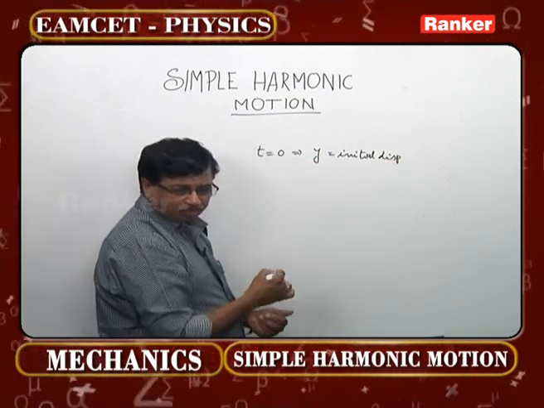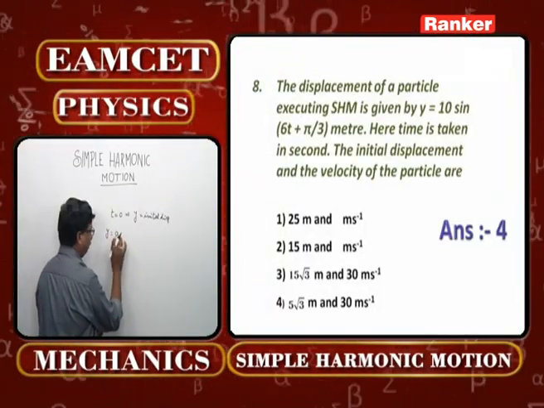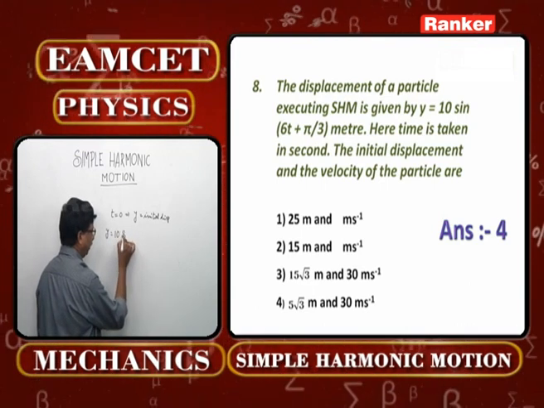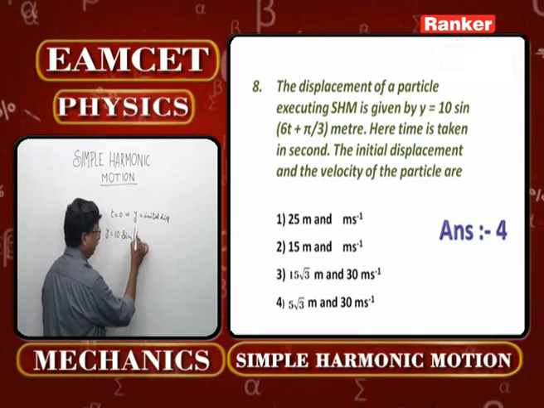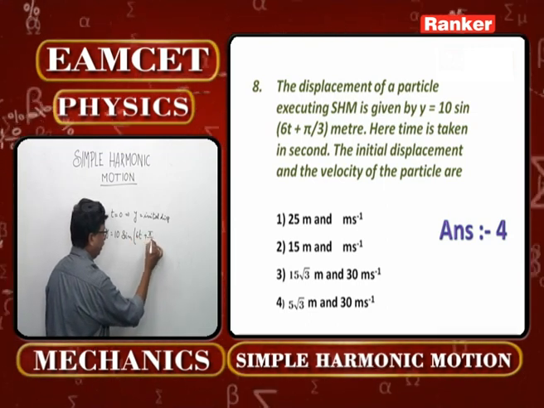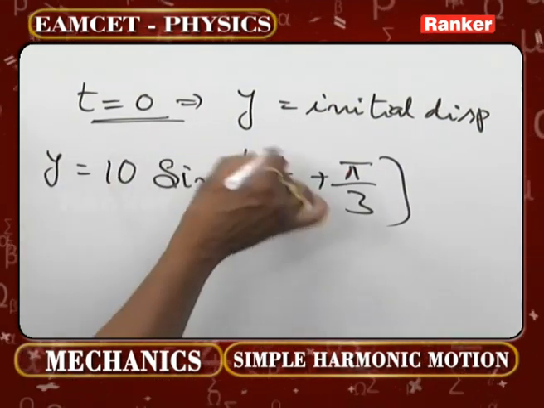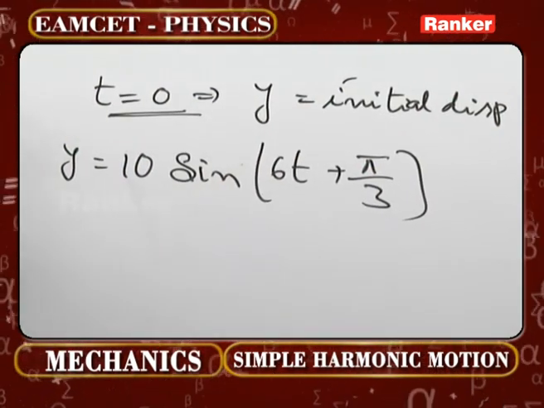What is the equation mentioned there? y is equal to 10 sine, where 10 is the amplitude A, directly given. What is the phase mentioned there? 6t plus pi by 3. This is the given equation. Now put t as 0. T equal to 0 means the displacement is called the initial value.